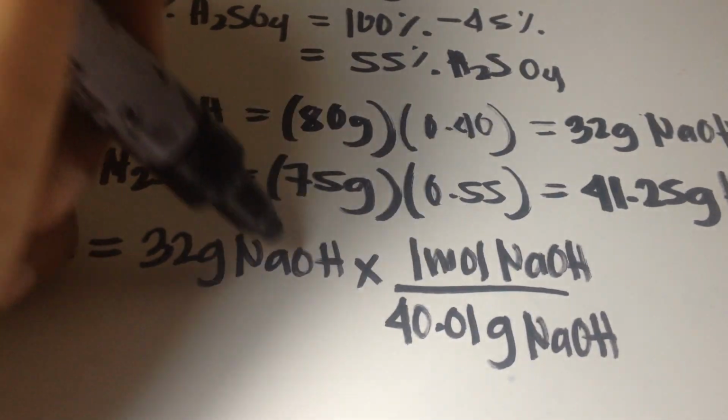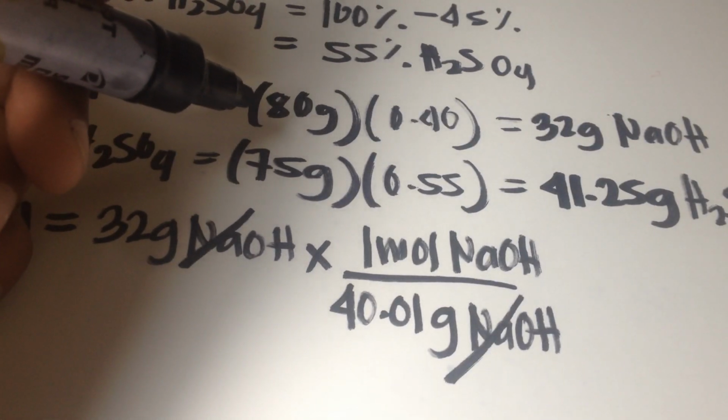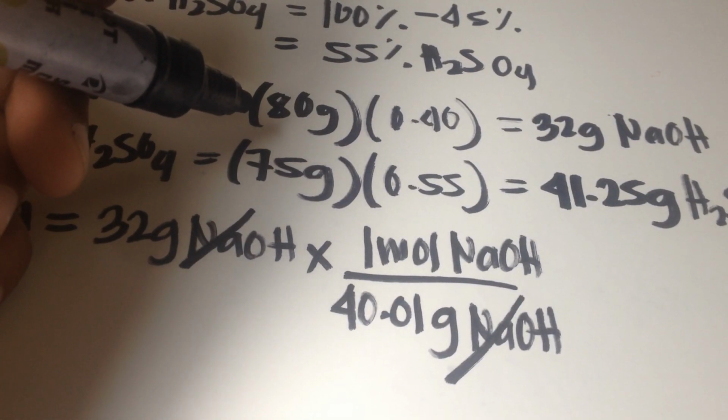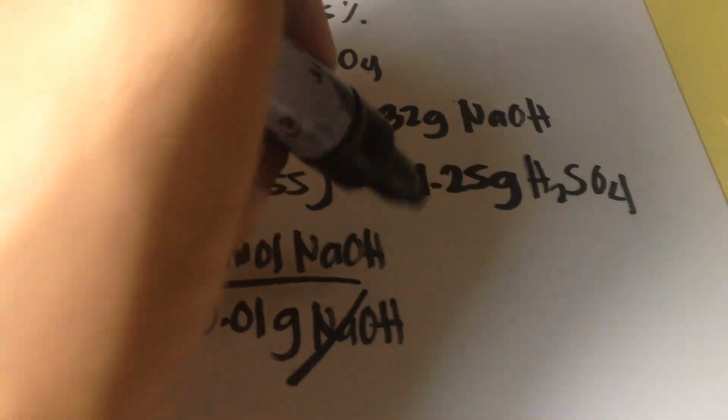Then cancel out grams here, and what's left is moles. So 32 divided by 40.01 is equal to 0.800 moles of NaOH.